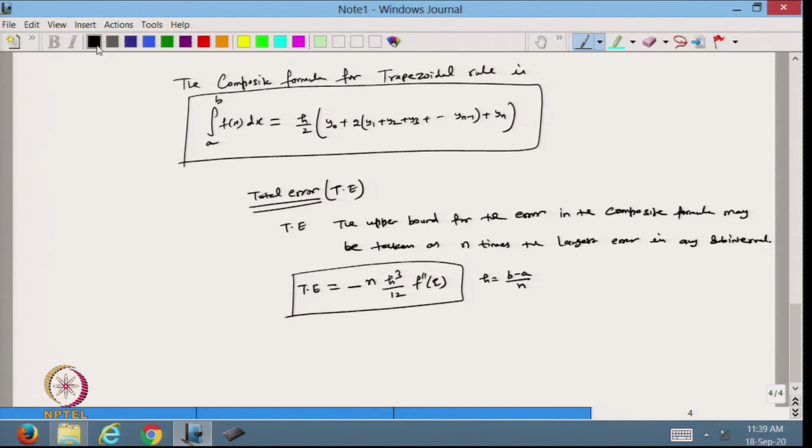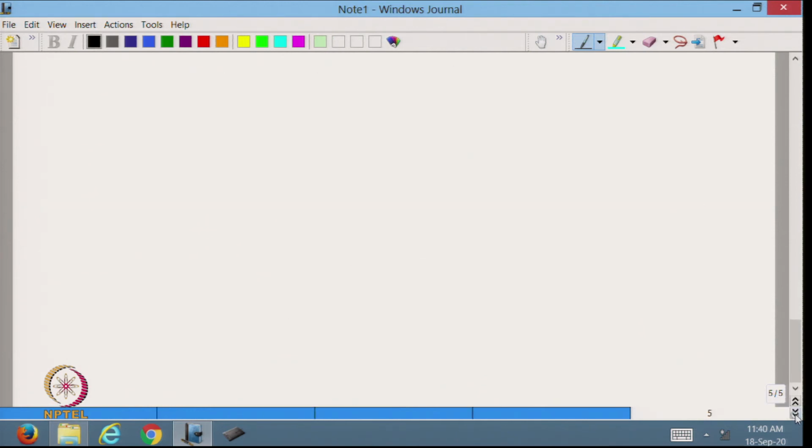Now, this is the simplest one we have taken. The next method we are going to introduce: in this case we are approximating the given function with a linear Lagrangian interpolating polynomial, but we can go further. How can we go further?